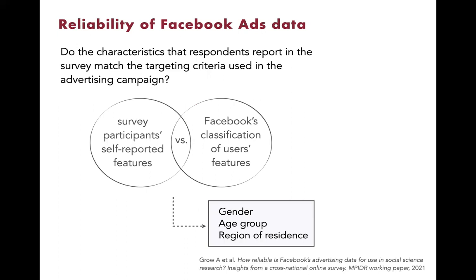And this is possible because for each respondent in our survey, we know from which advertisement they arrived in the survey, and we were able to check if the demographic variables we used as targeting variables match the information reported in the survey, at least for the central demographic variables that we used as targeting criteria, that is gender, age group, and region of residence.